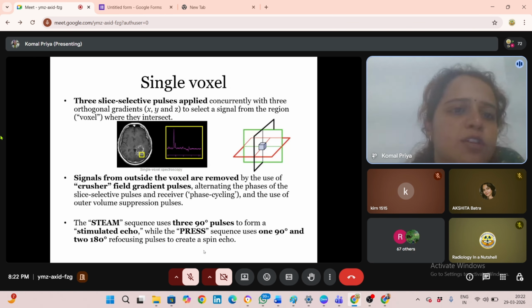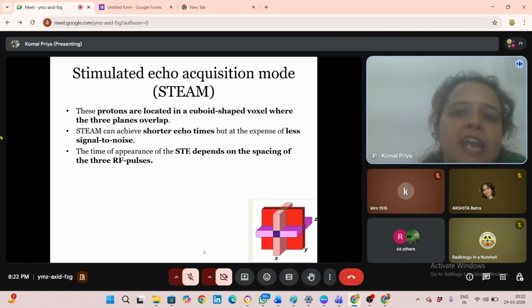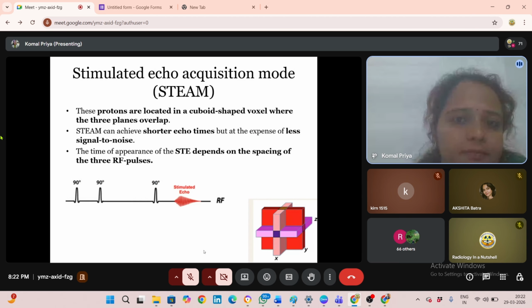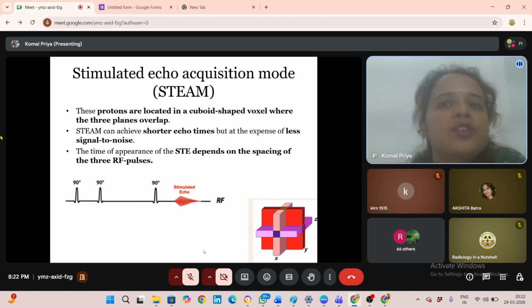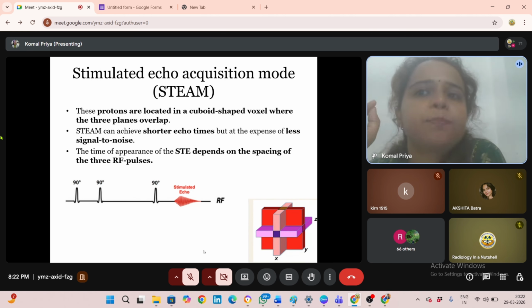Okay, so in single voxel, what will be happening? We'll be applying gradients in the three directions, which are X, Y, and Z, and then we'll select a signal from that particular part by the use of crusher field gradient pulses, which are known as STEAM and PRESS. STEAM is stimulated echo acquisition mode, and PRESS is point resolved spectroscopy spin echo, which you might have heard in your spin echo sequence part also.